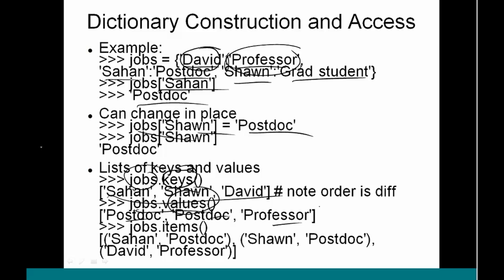To query every element, the key and the value together, we use the items function. So the jobs dot items function returns Sahan postdoc, Sean postdoc, David professor. That's how you can access those values in the dictionary.